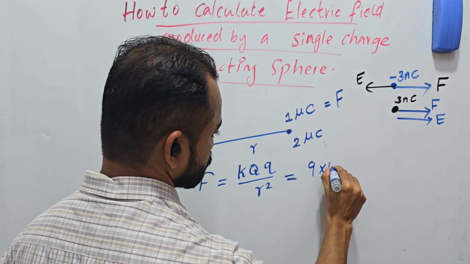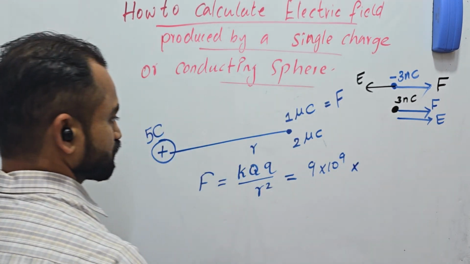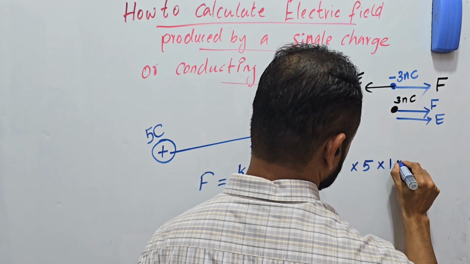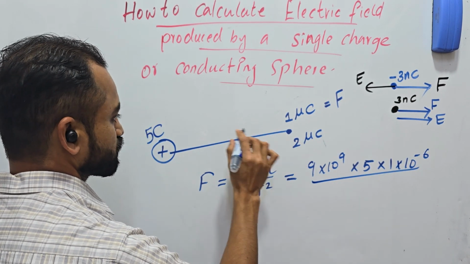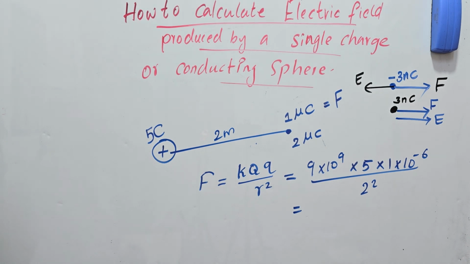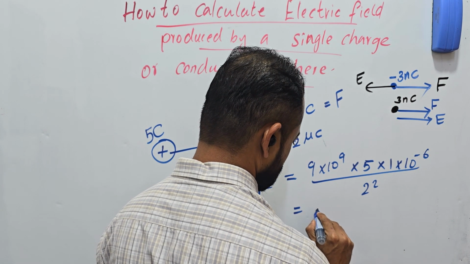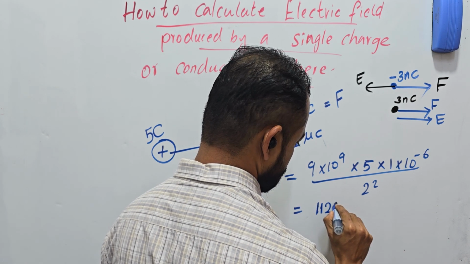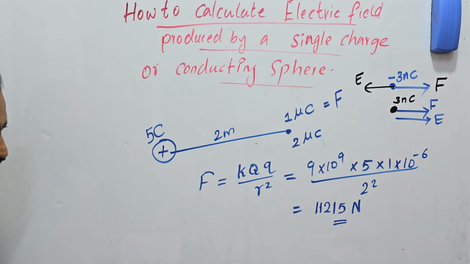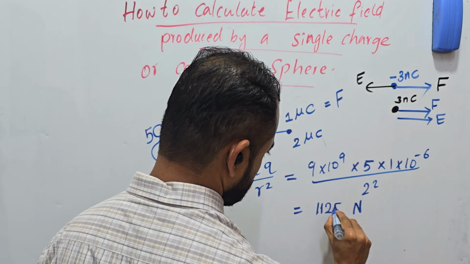K is 9 into 10 to the power 9, multiplied by the source charge, 5, and our test charge of 1 microcoulomb, so 1 into 10 to the power minus 6, divided by the distance, 2 meters, so 2 square. Can you say the answer? Then 50.